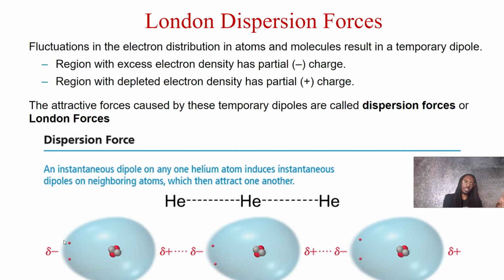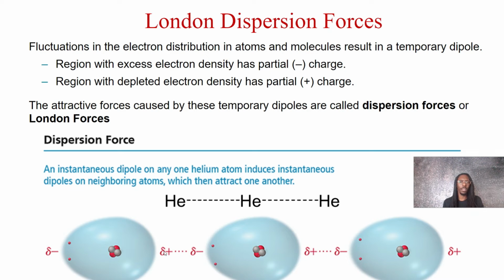But since they're all on this side, guess what happened over here? They're all gone, right? Very low electron density. So because of that, no electrons, it's going to create this partial positive charge at this moment. So we can see, for this particular helium, we got negative and we got this positive. Bam, we got a dipole occurring.